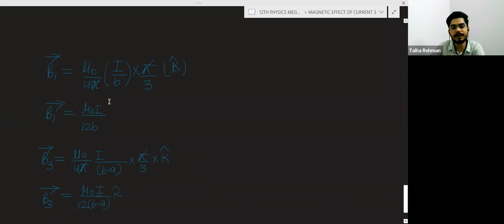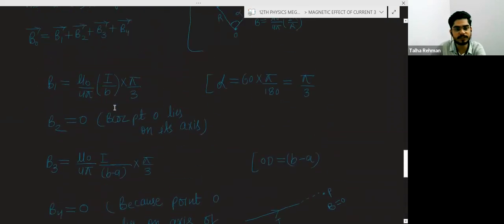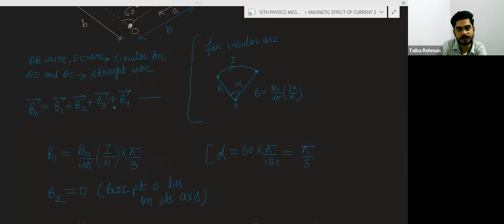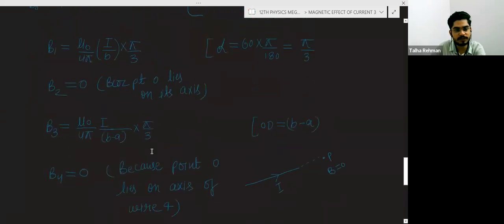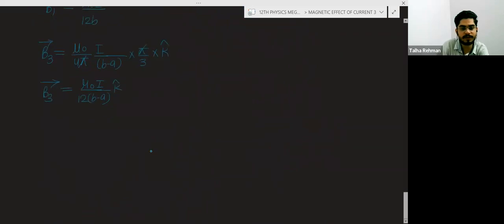Finally, when you put all the values in equation number 1, you put B1, B2, B3, B4, and B2 and B4 are 0. See here, B2 and B4 are 0, so you only put B1 and B3.